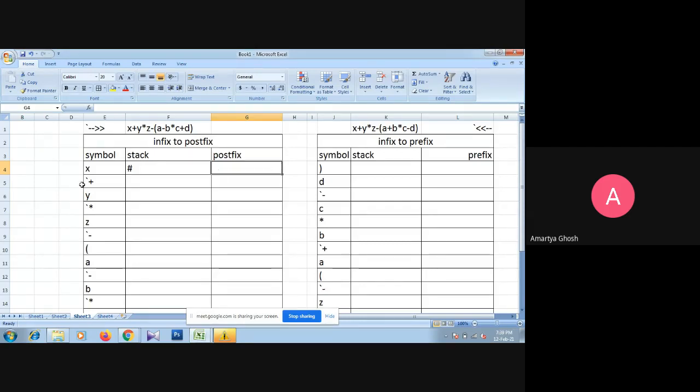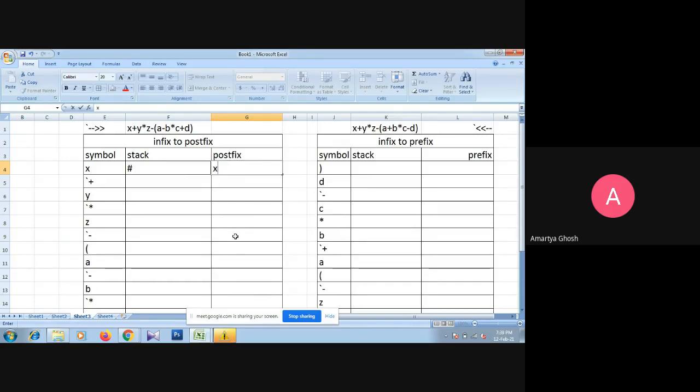So when we read X, we will directly write the X into postfix. Okay, and thereafter, you can see postfix is from left to right.